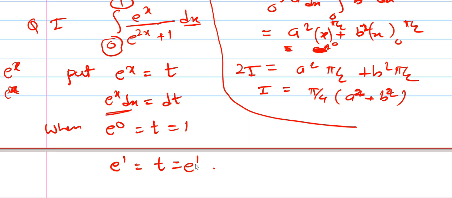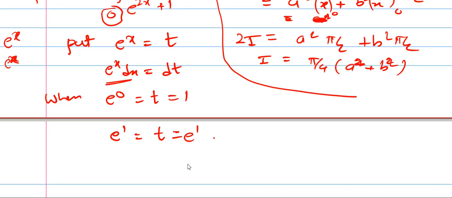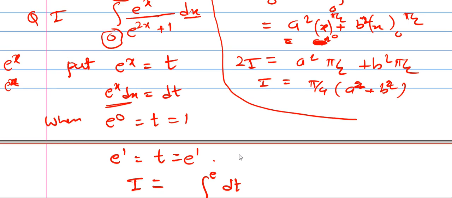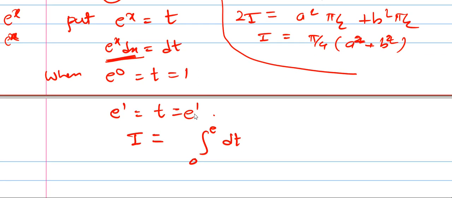So substitute all these things in our integration. So I equal to integration 1 to e dt, because e raised to x dx is dt, divided by, so this thing e raised to 2x can be written as e raised to x square, and e raised to x is nothing but t.